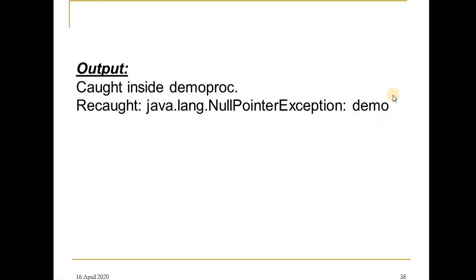The string that you pass to the constructor will also get displayed. So the output will be "caught inside demoProc", and again "recaught". Since you are displaying the value of exception object e, it will display java.lang.NullPointerException: demo, the string that you passed.